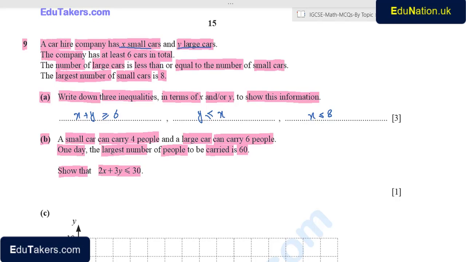A small car can carry 4 people and small cars are represented by x, so this will be 4x plus, a large car can carry 6 people and large cars are represented by y, so 6y. The largest number of people is 60, so this will be less than or equal to 60. Dividing the whole inequality by 2, we get 2x plus 3y is less than or equal to 30.